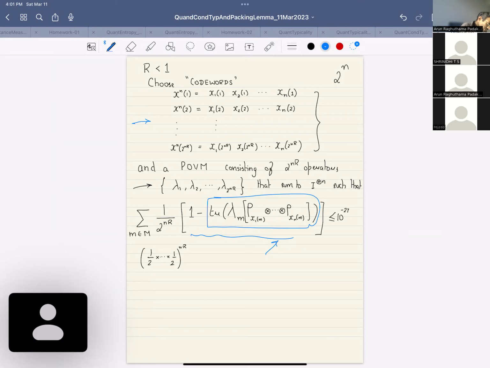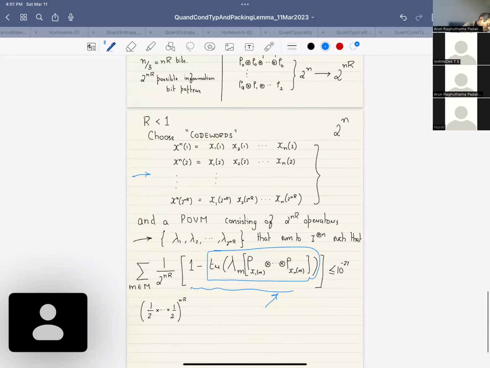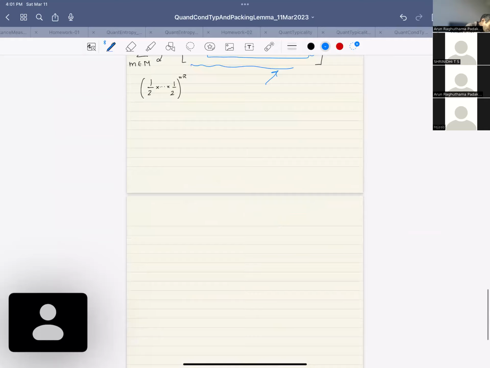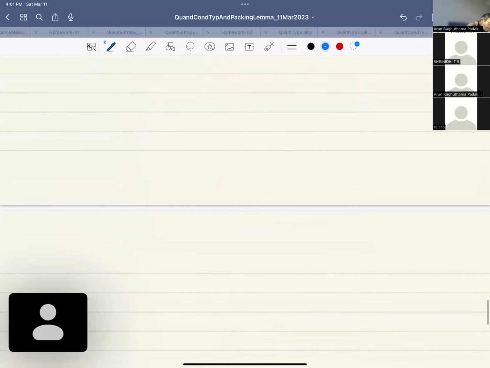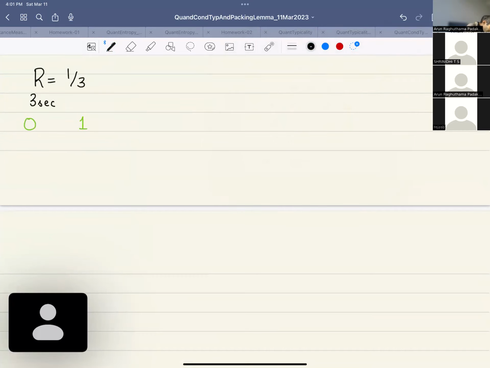Yeah, sure. So where did you lose? Okay, let me go one step slower. Let's take r equal to 1 by 3. Let's take 3 seconds. So Alice could have got either this or this, right?